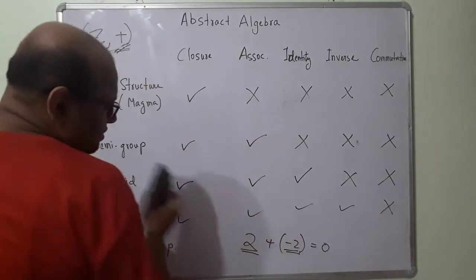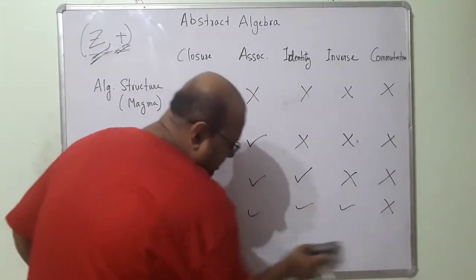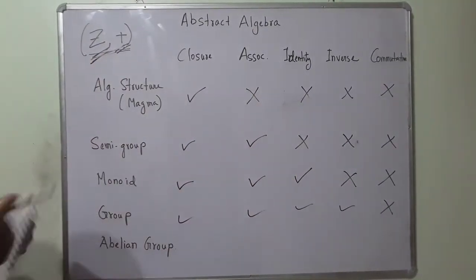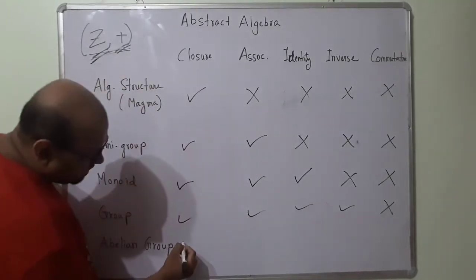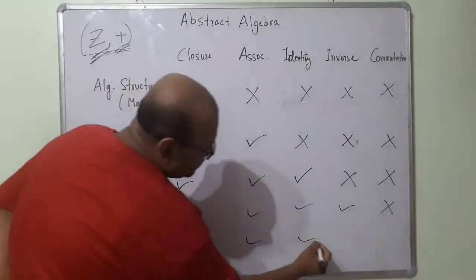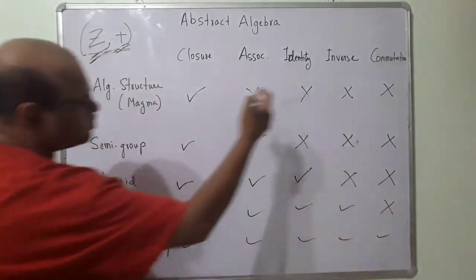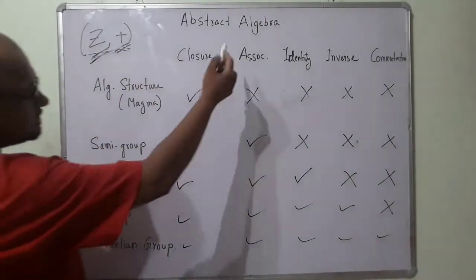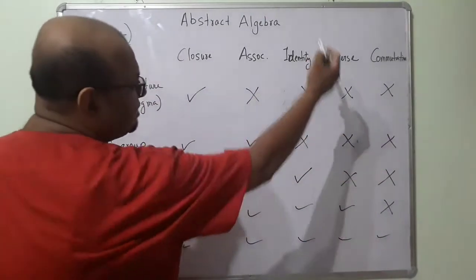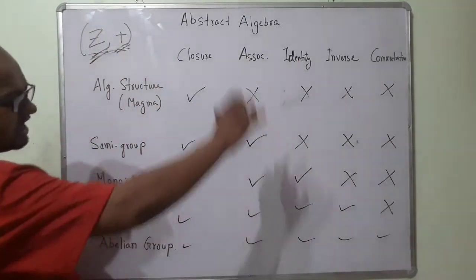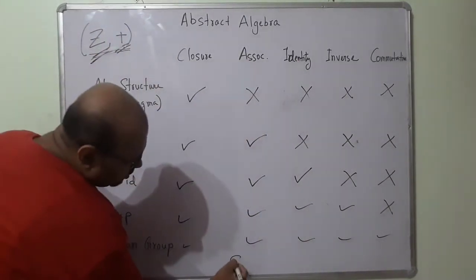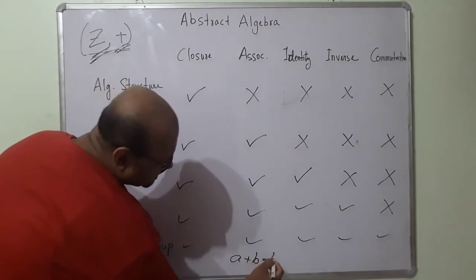Now I know, in an abelian group all these 5 properties have to be satisfied. So it has to be closed, associative, identity must exist, inverse must exist, and it has to be commutative. So I know addition a plus b is equal to b plus a.